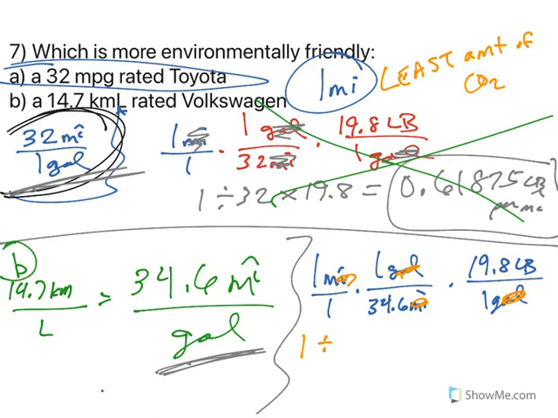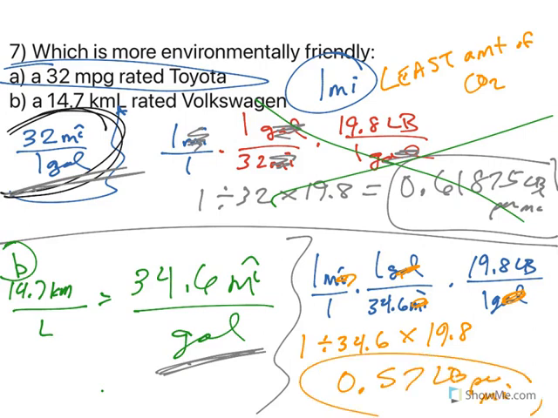So we would take 1 divided by 34.6 times 19.8, and when you do that, you get roughly 0.57 pounds per mile. So you're producing less CO2 per mile than the Toyota. So in this case, the Volkswagen is the winner in terms of what is more environmentally friendly.